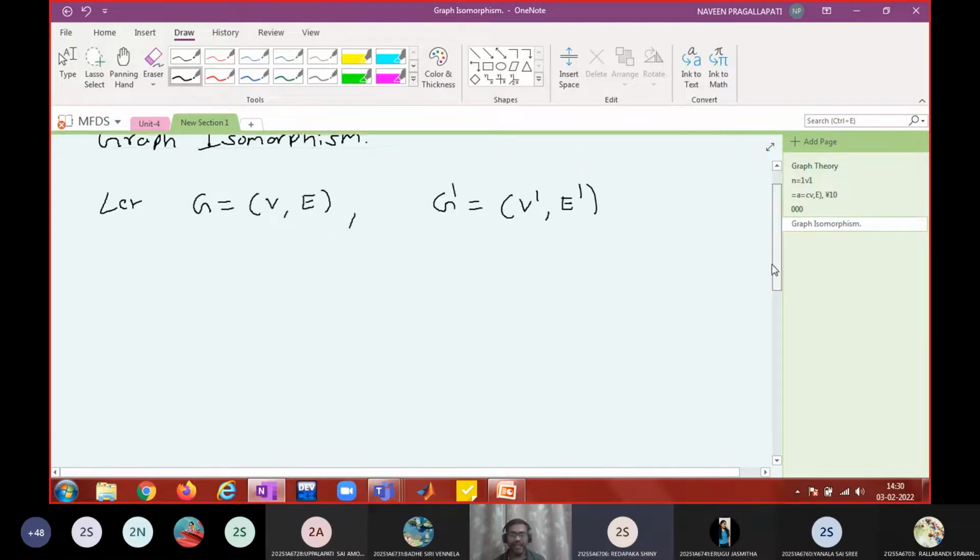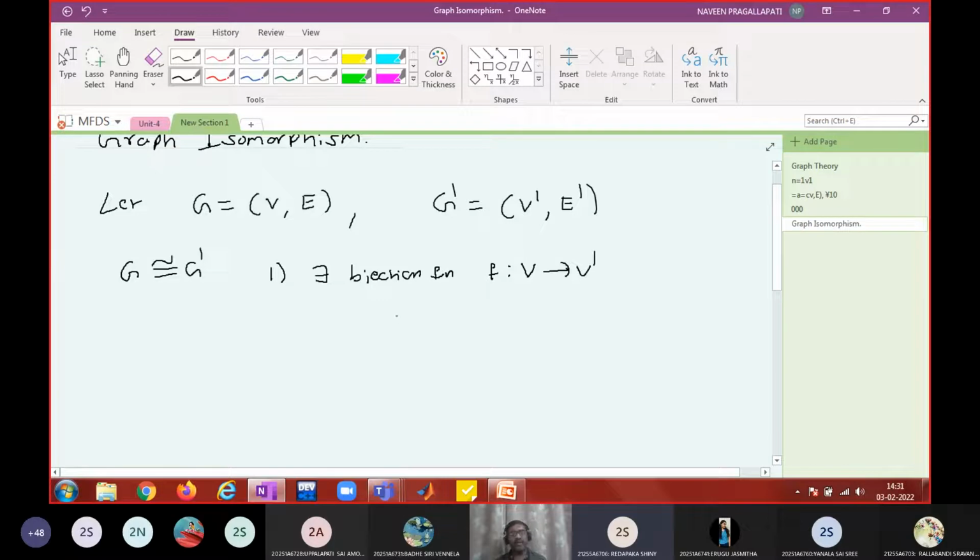If I want to say G is isomorphic with G dash, you should have two mappings. There should exist a bijective function f from V to V dash.